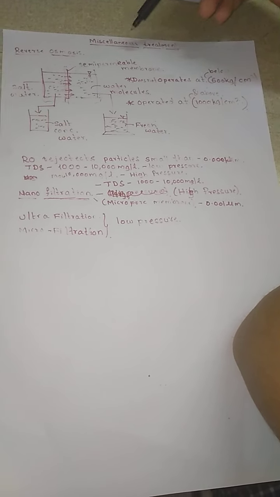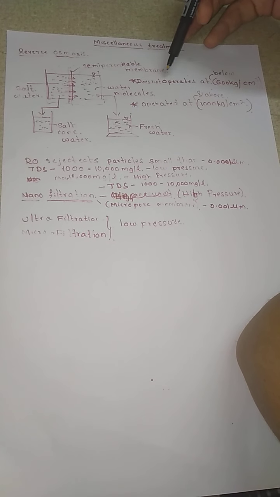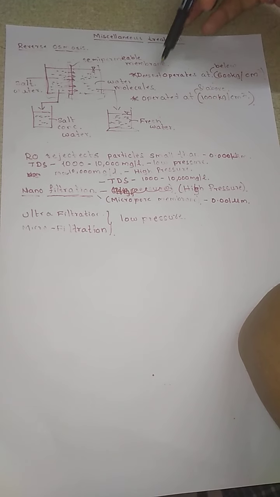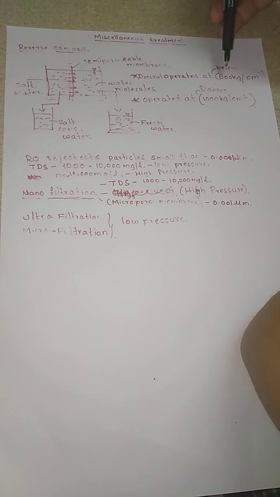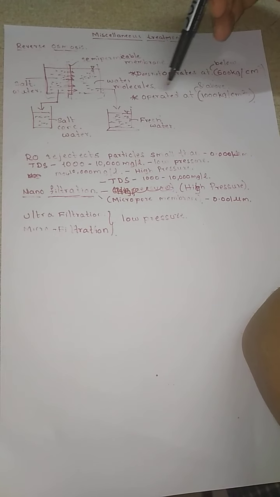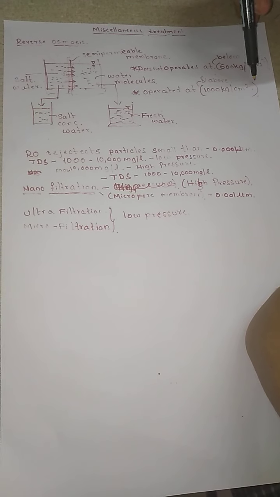Now this particular reverse osmosis process, as I have told, operates at a particular pressure. It does not operate below 600 kg per centimeter square, and it can be operated at more than 1000 kg per centimeter square.